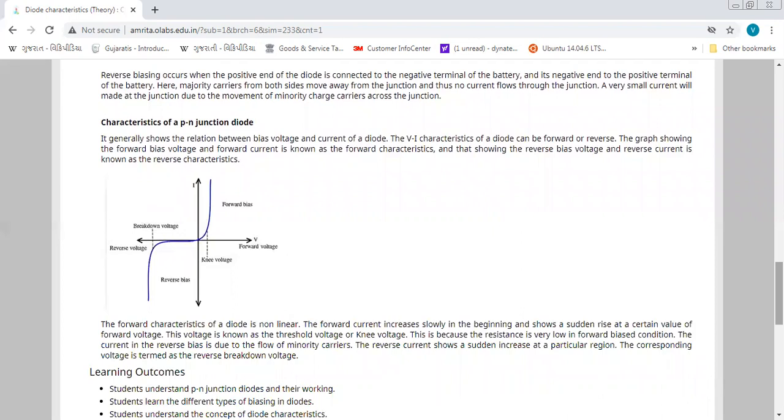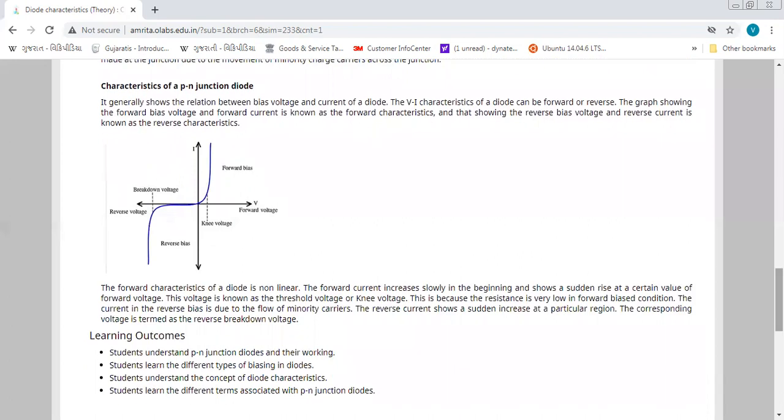The graph for forward characteristics is non-linear. The forward current increases slowly in the beginning, as you can see, and shows a sudden rise at a certain value of the forward voltage, which is called the knee voltage. This voltage is also known as the threshold voltage.